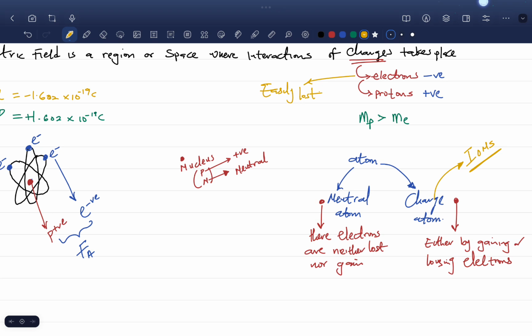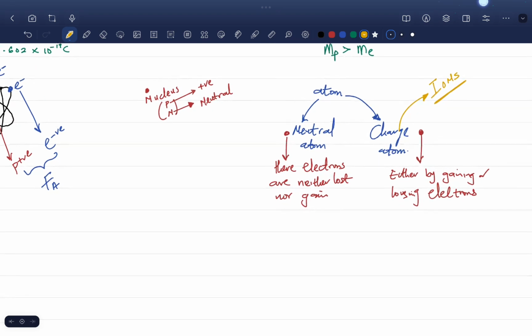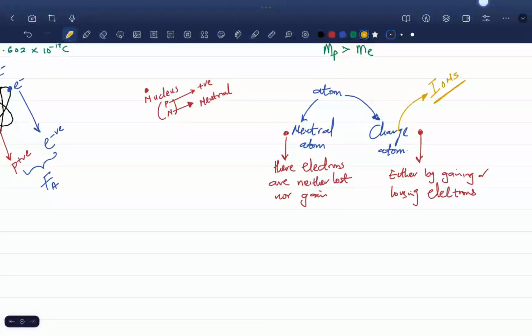So if an atom should gain an electron or lose an electron, what will happen to such an atom? Now we can have, for instance, a sodium atom, which has the atomic number, or the proton number, of 11. Mind you that this number is also referred to as the proton number.